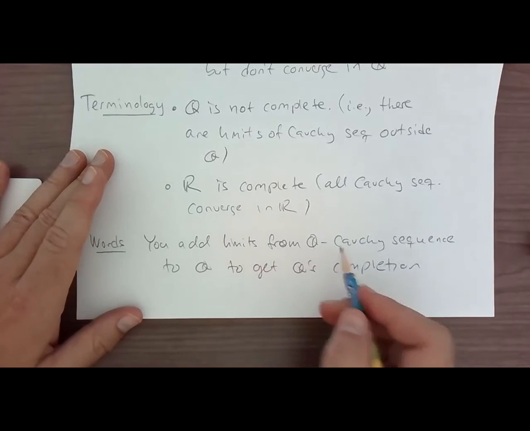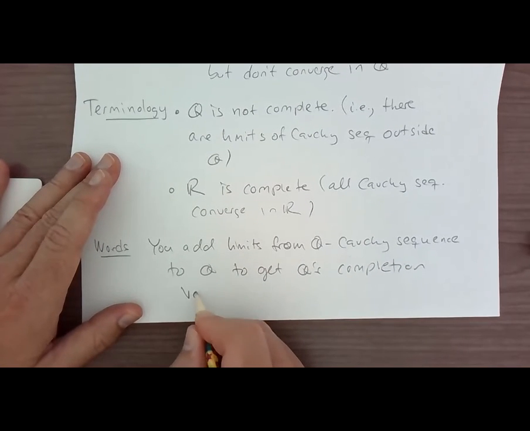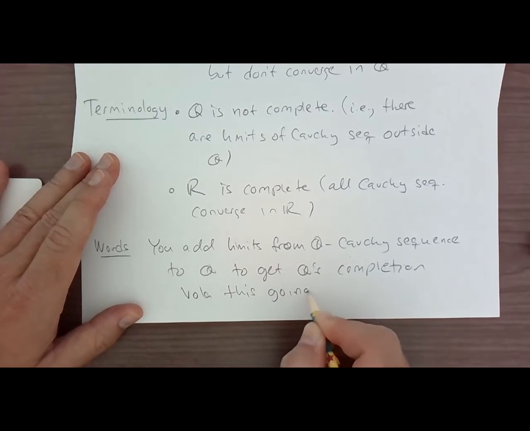So you add these limit points to get Q's completion, and voila, this is going to be R.